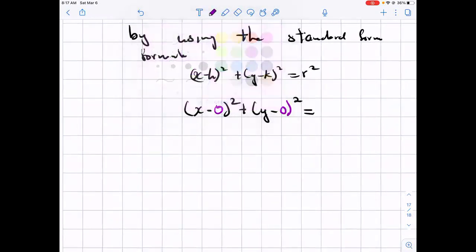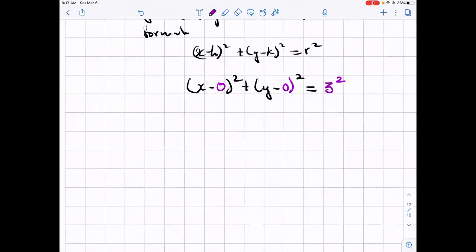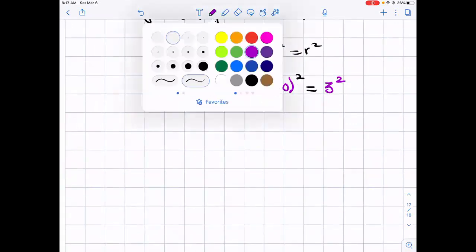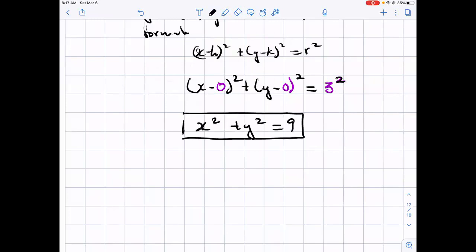So replace r with 3. If we do this, we have here x squared plus y squared is equal to 9. And this is the equation of our circle.